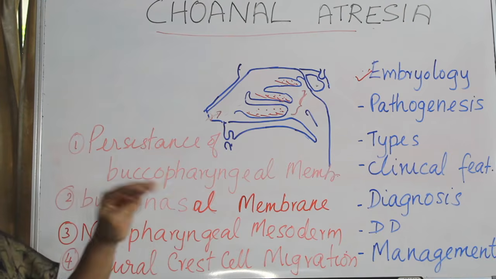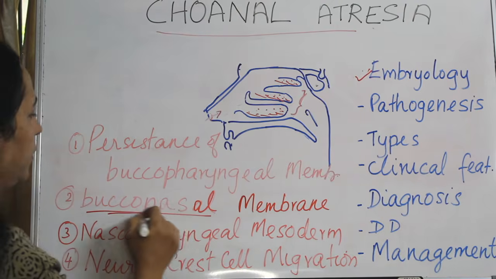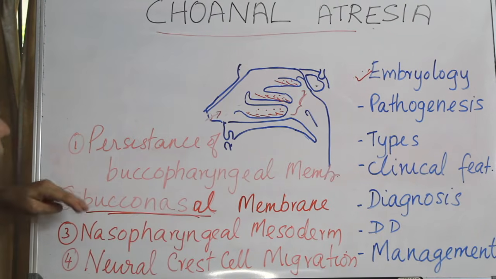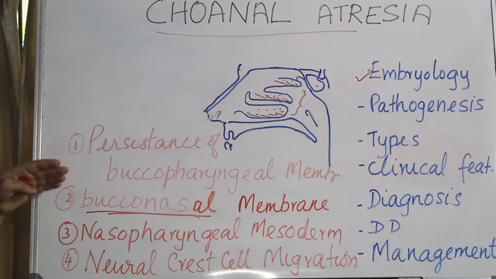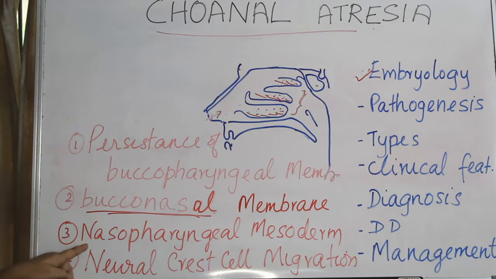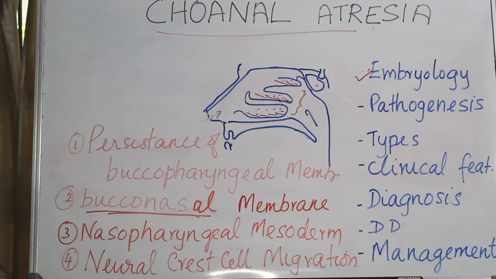Persistence of this bucconasal membrane is the first and most common cause of choanal atresia, and it is also contributed to by persistence of the buccopharyngeal membrane, incomplete resorption of the nasopharyngeal mesoderm, or misdirected migration of the neural crest cells. All these can lead to formation of choanal atresia.